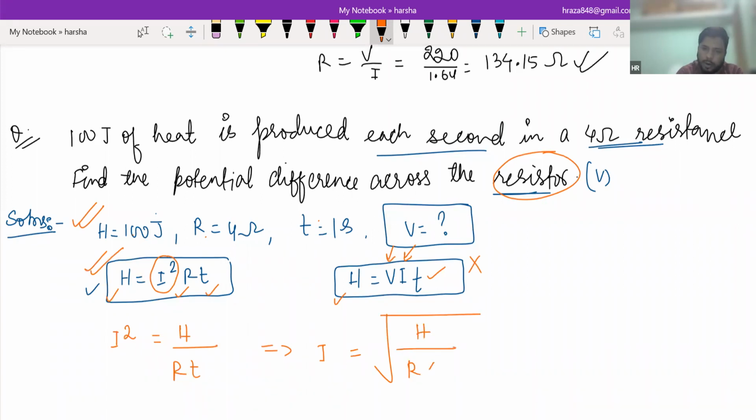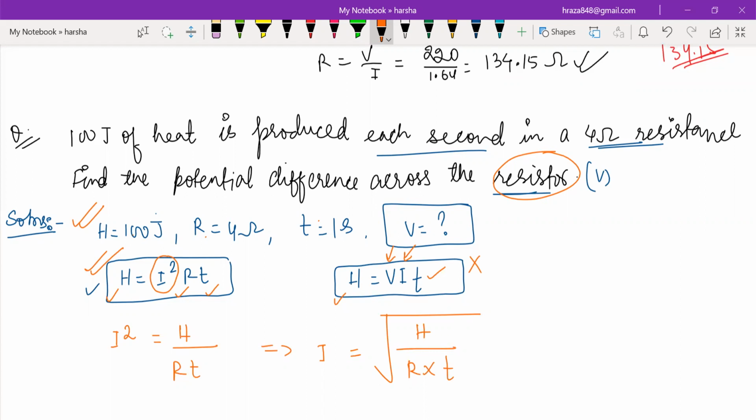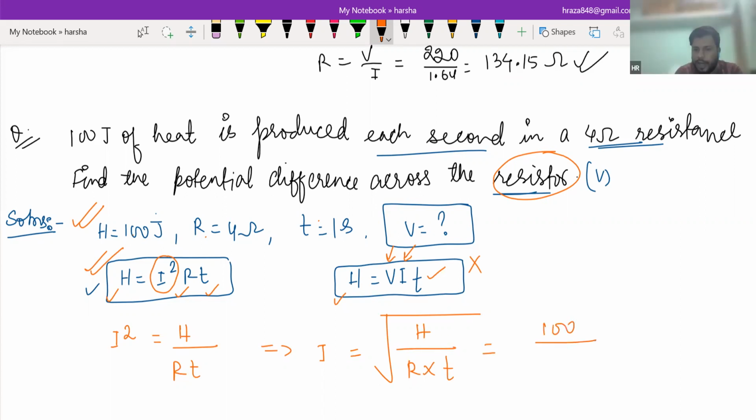Can I write it or not? Yes, sir. Now H has a value 100, R has a value 4, and T has a value 1. Root 100 is 10. 4 into 1 will be 4, and root 4 has a value 2. So we got a value 5 ampere.